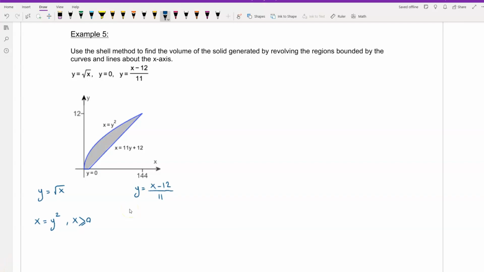Use cross product, so we have to isolate x. Here is 11y equal to x minus 12. What that means, x is equal to 11y plus 12.